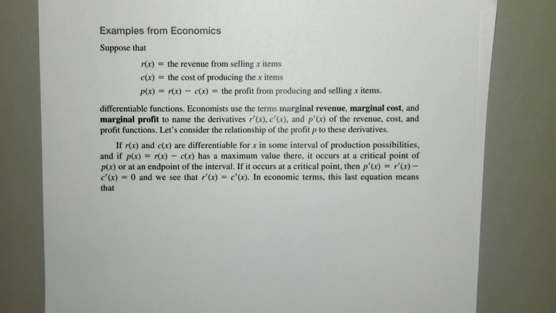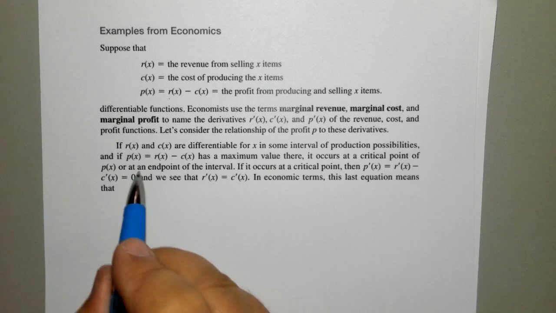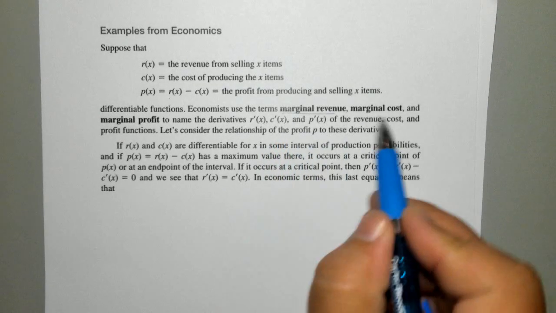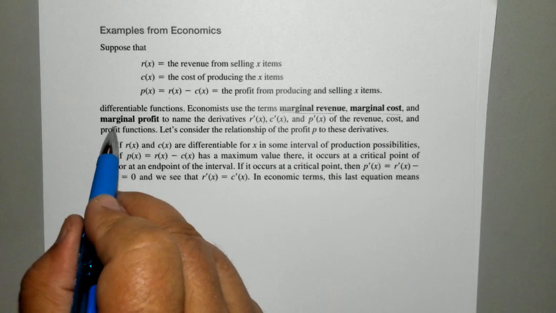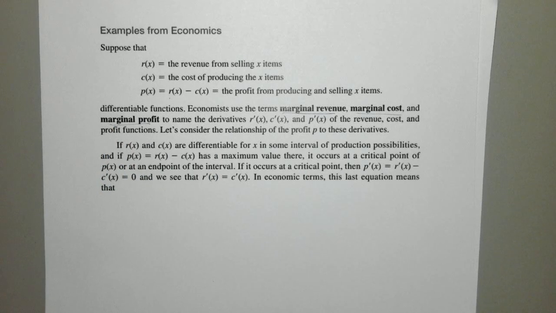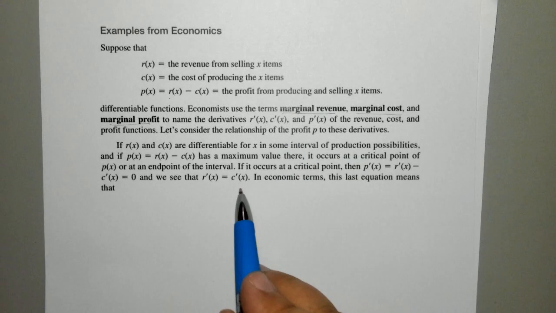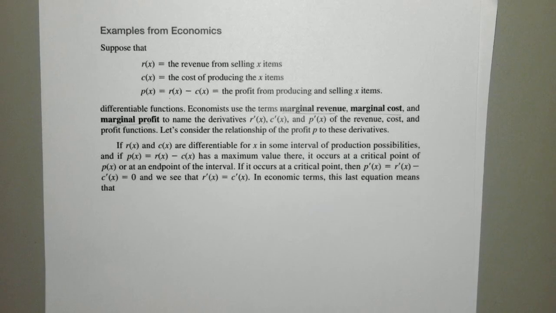It's how much money you have coming in minus what it costs you to make the object. The difference of that is your profit. Now, anytime we look at changes in any of those, we look at marginal cost, marginal revenue, and marginal profit.